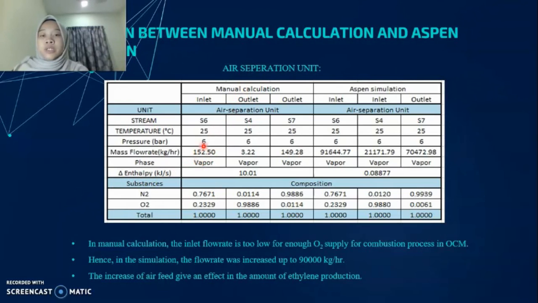In our manual calculation, the inlet is only 152.5 kilograms per hour, while in the Aspen simulation we put it as 91,000, because the inlet flow rate used here is too low to supply enough oxygen for the combustion process in the OCM. So the increase of feed here will affect the overall ethylene production at the end of the process.